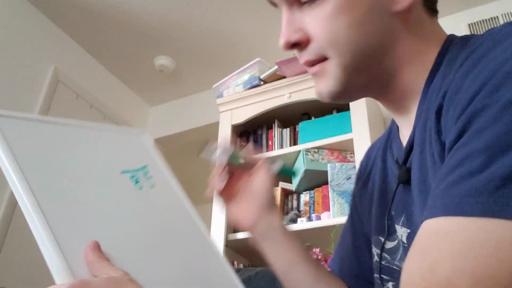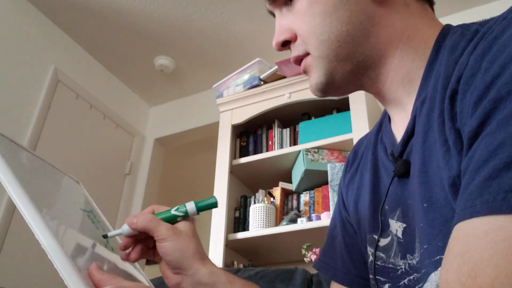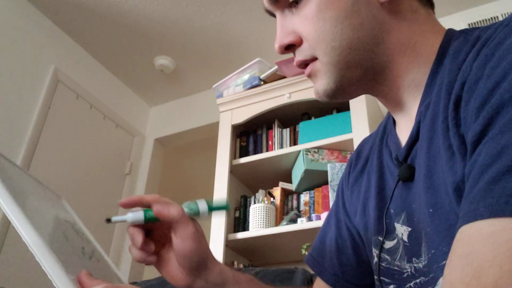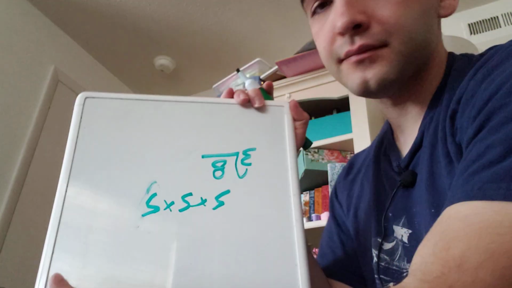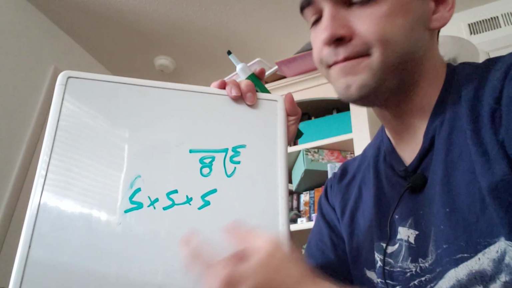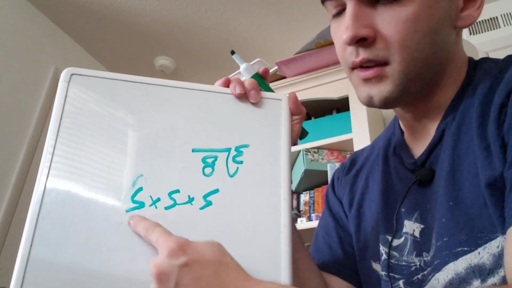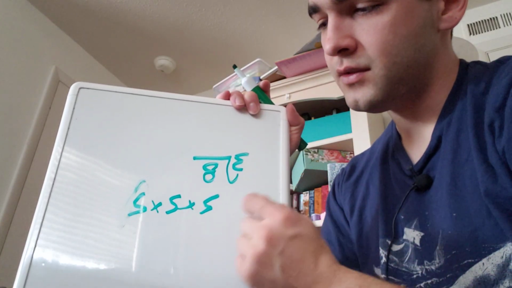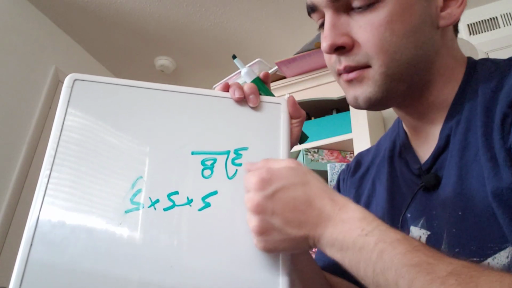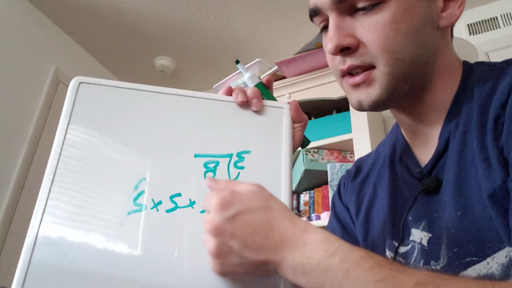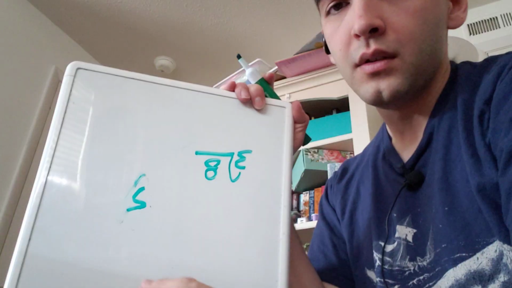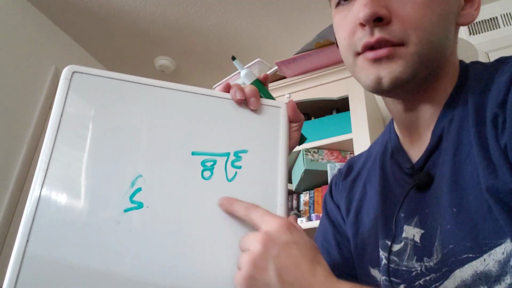And we can see that 2 times 2 times 2 gives us 8. So the answer to what multiplied by itself 3 times gives you 8 is 2. And that's the third root of 8.